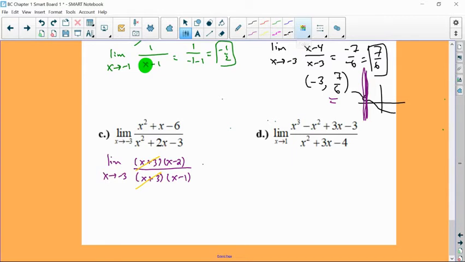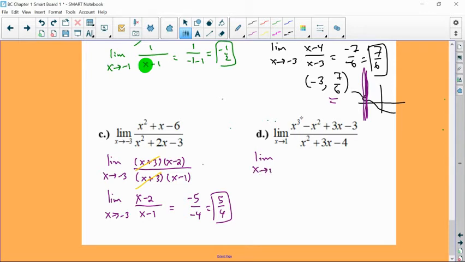And I get an equivalent function other than at one point at -3, and that's okay, because I don't want -3. I just want things that are close to -3. And so then now I can actually evaluate. Now that I'm taking the limit, I don't need this expression anymore. And that gives you -5 over -3 minus 1, which is -4, which is 5/4. And again, just to emphasize, that's a y value. That is the behavior of the function. Okay, then the last one, a little bit more maybe of a challenging factoring problem.